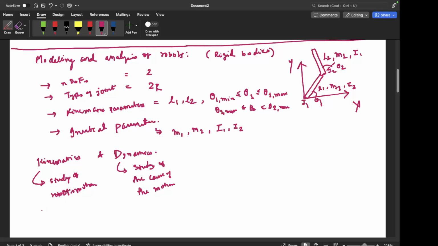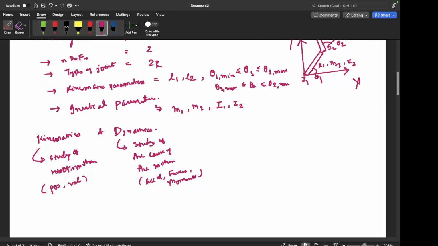Here we are concerned with position and velocity. And here we are concerned with accelerations, forces, moments, or torques. That's the key difference between kinematics and dynamics.